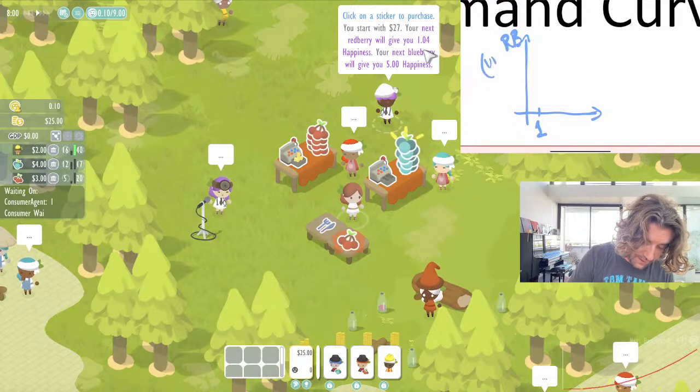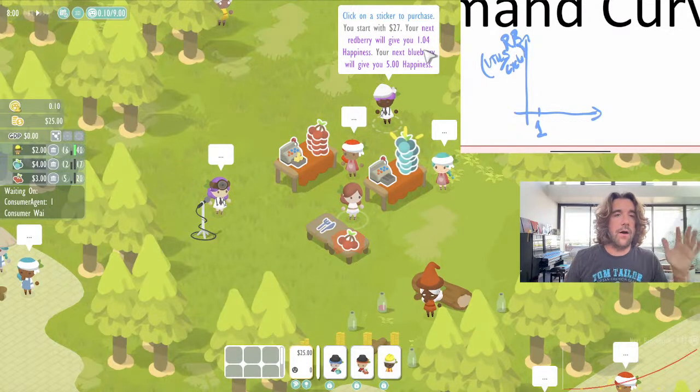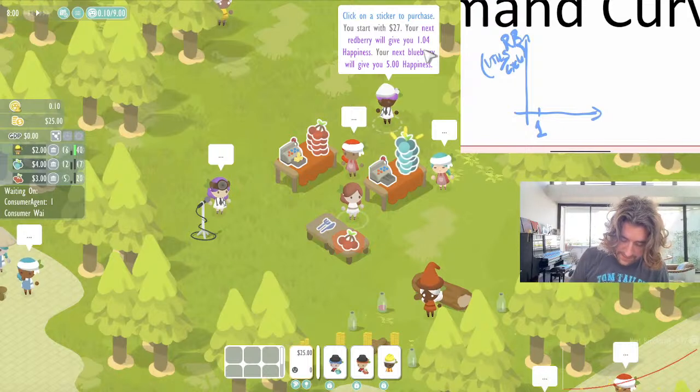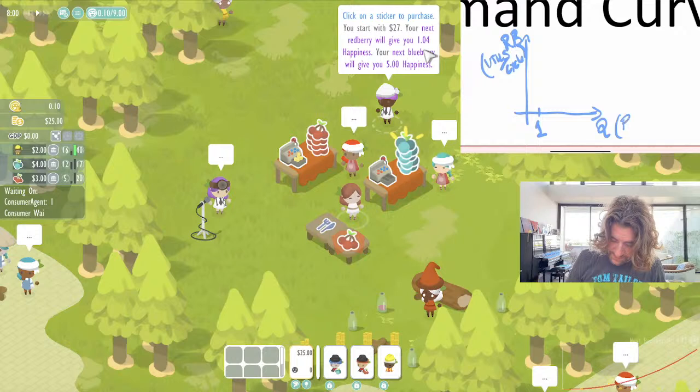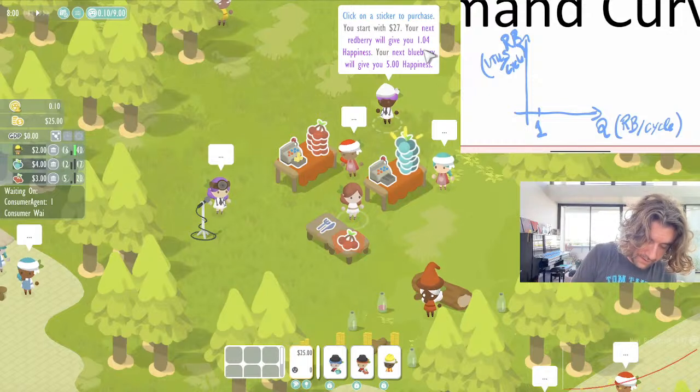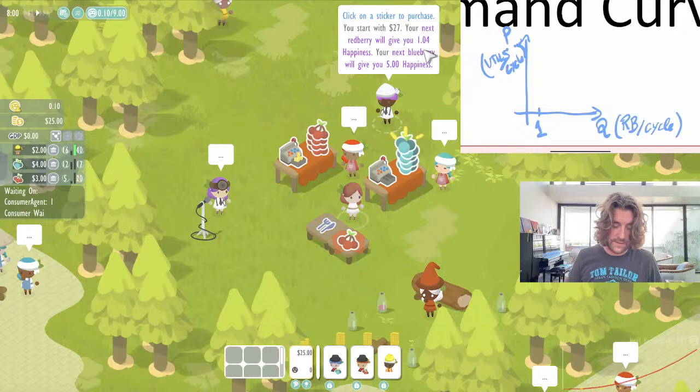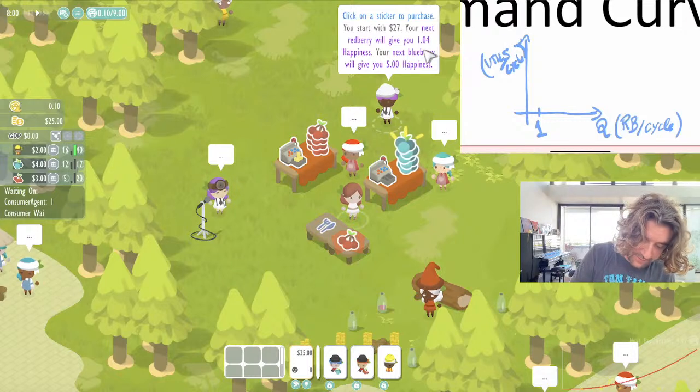So this is the utils per cycle, there you have it on the y-axis, and this is the quantity, which is red berries per cycle. There you have it. And this is really the utility that you get from red berries.